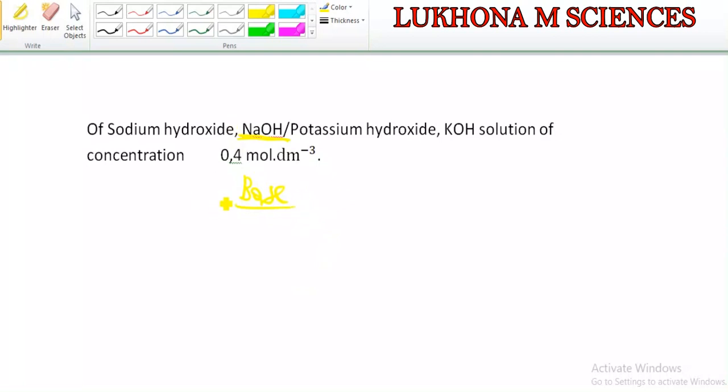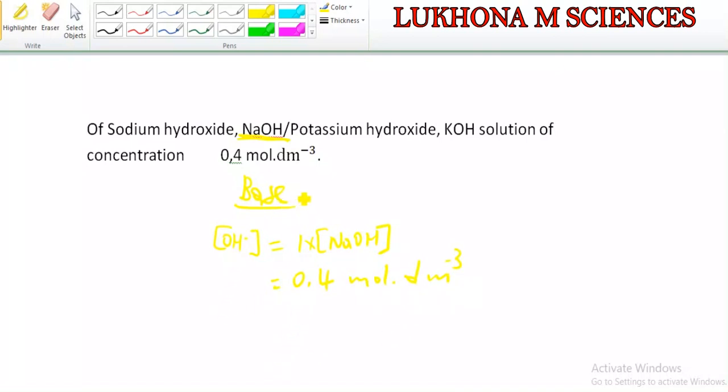And sodium hydroxide has only one OH, meaning that the concentration of OH minus is equal to 1 times the concentration of sodium hydroxide, which is equal to 0.4 mole per dm cube, because it's 1 times.